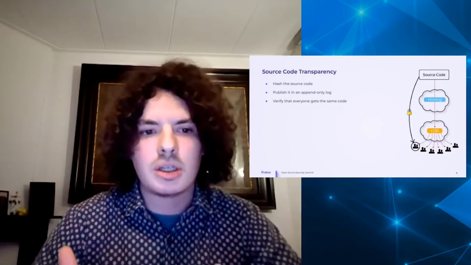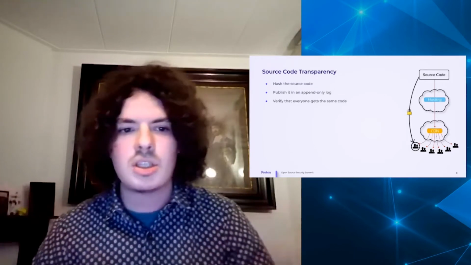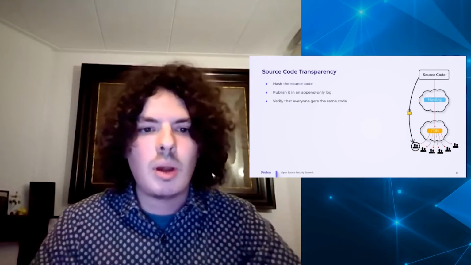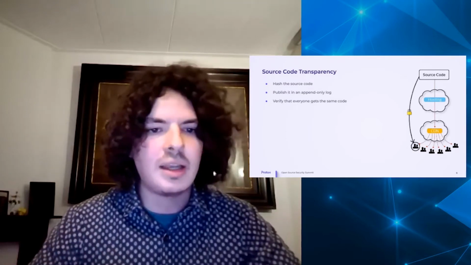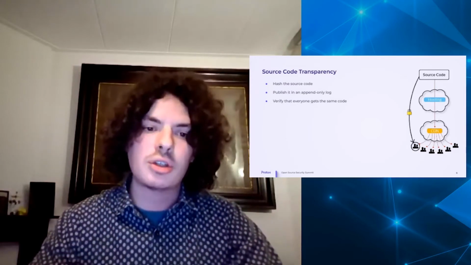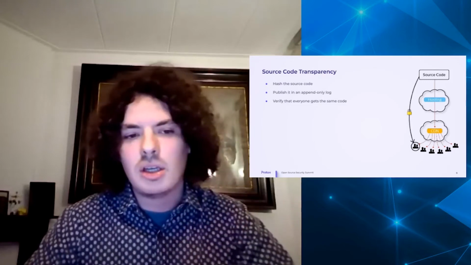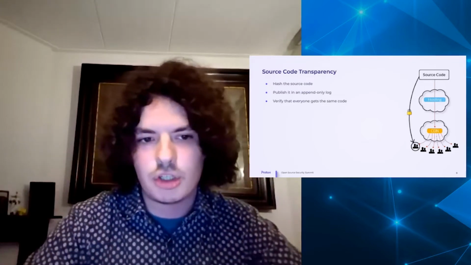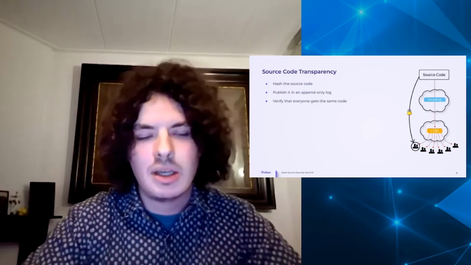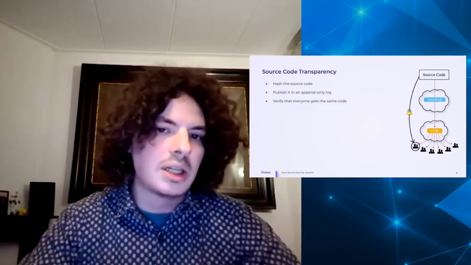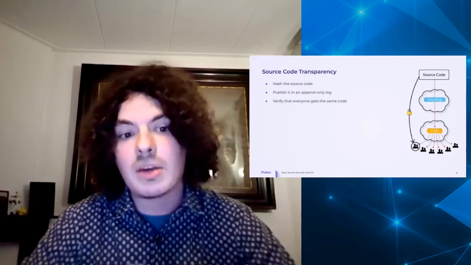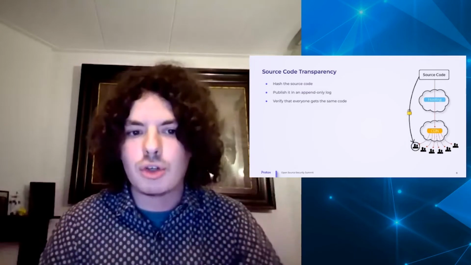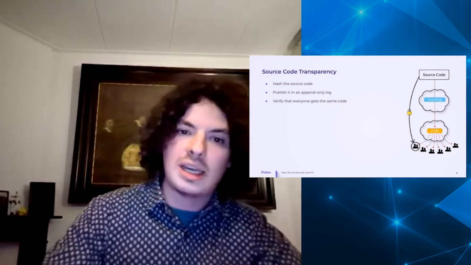If any one security researcher would call us out saying, oh, there's some vulnerability in this version of the web app that you published, then other people also learn about it, which in turn disincentivizes us from publishing such malicious code, right? Or in the case where we're compromised, it makes it detectable. But in any case, it makes sure that everyone is running the same source code, and that should increase the confidence of everyone in that source code, ideally.